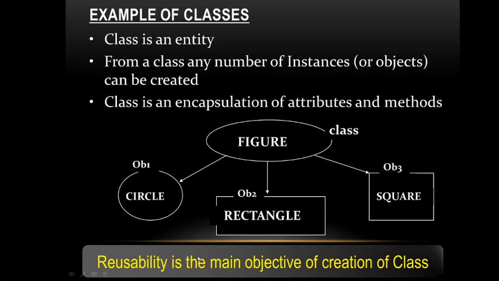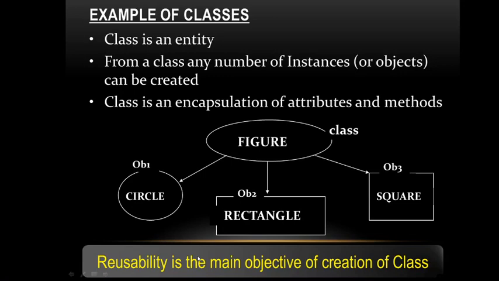So what is the main objective of declaring classes, class definition, and creation of objects out of it? The main objective is actually reusability. Reusability is a property of object-oriented programming which supports reusable code.